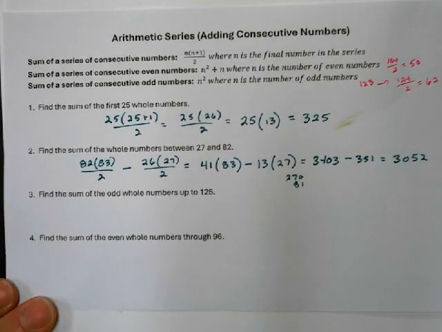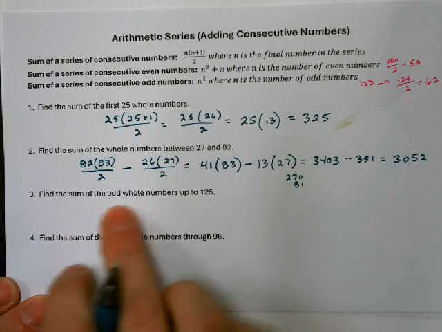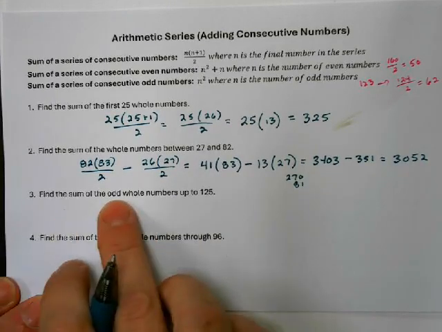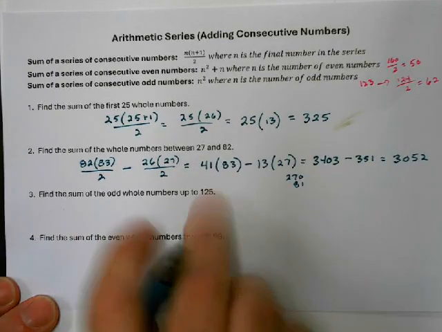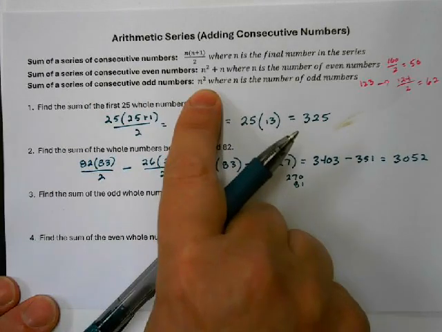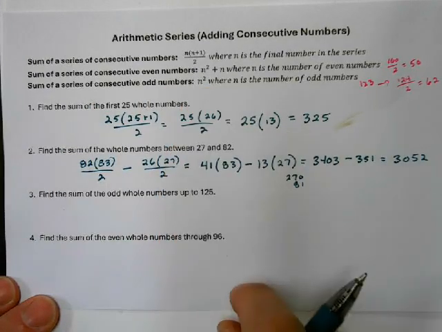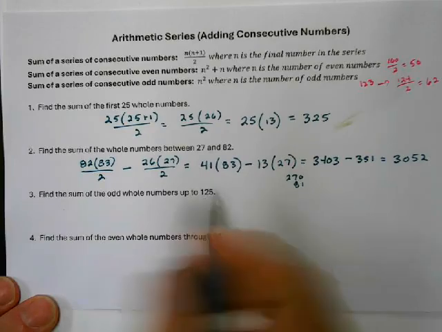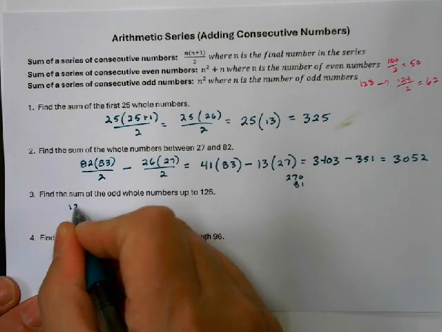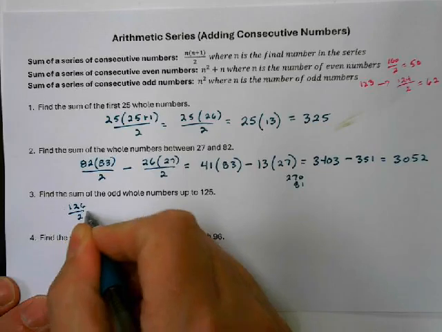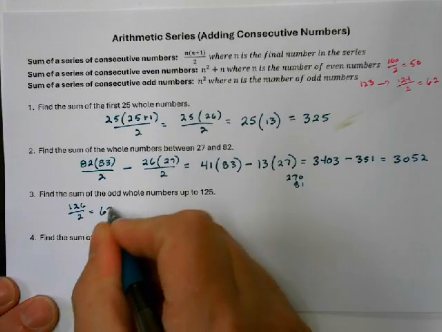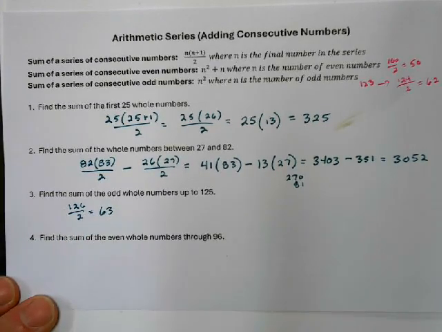All right, next one. Find the sum of the odd whole numbers up to 125. So odd numbers, I'm just going to use the number of odd numbers squared. Now, 125, the next number is 126. So there are 63 odd numbers from 1 to 125.